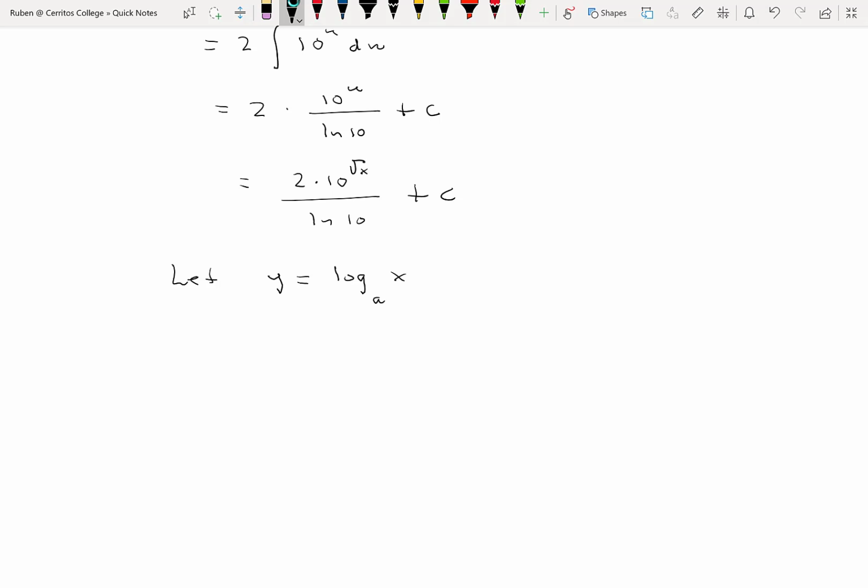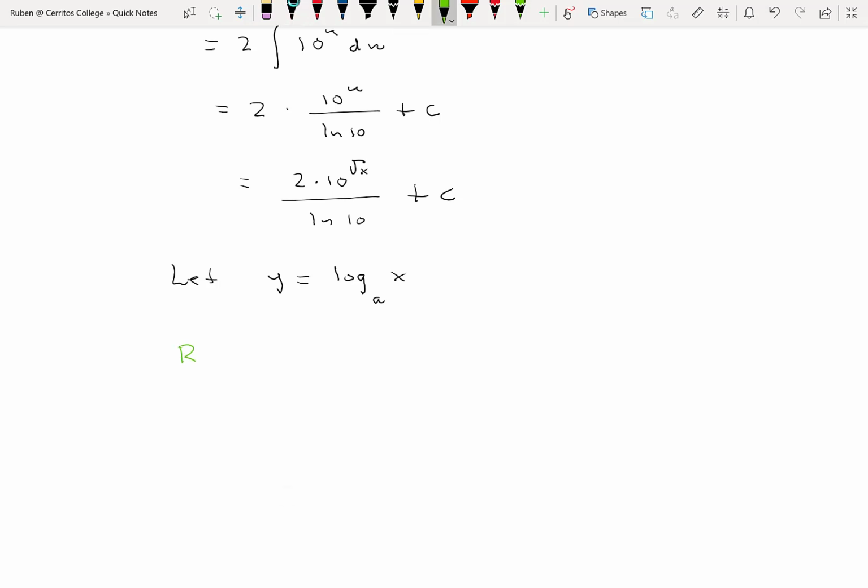One thing we could do is transform this function to a natural log function by using the change of base formula, but we don't even need that. I'm going to get at the derivative of this function by using the definition of logarithm that we talked about in a previous section.